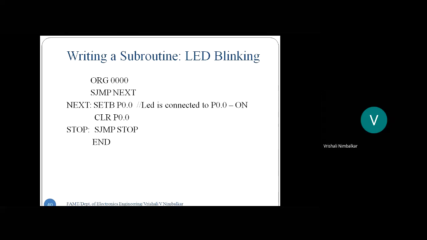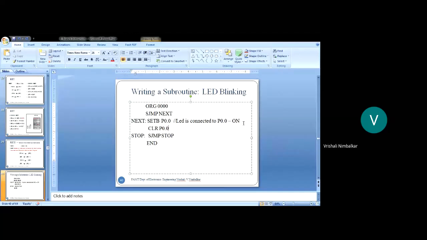Okay, then what do I have to do? I have to turn it on and I have to wait for some time. I have to keep it on for some time. I have to do something like this. Make it on and wait. Then turn it off, and then again wait.